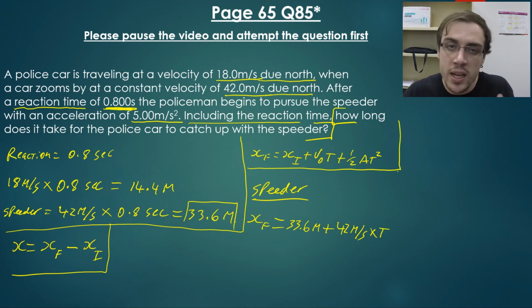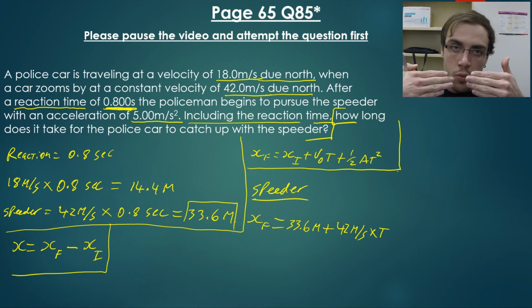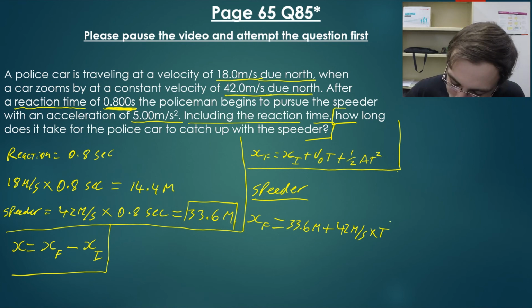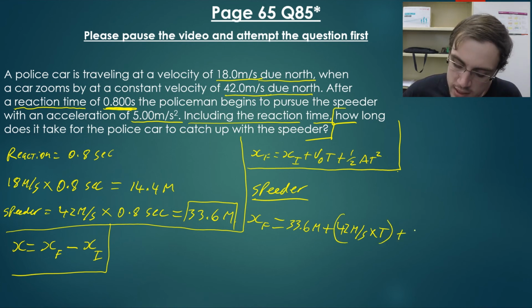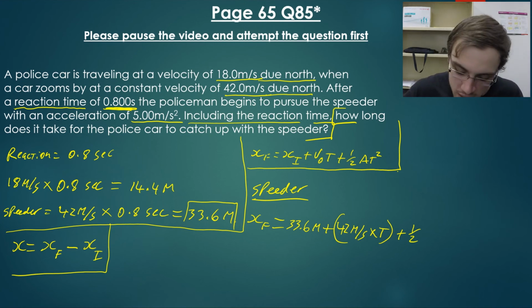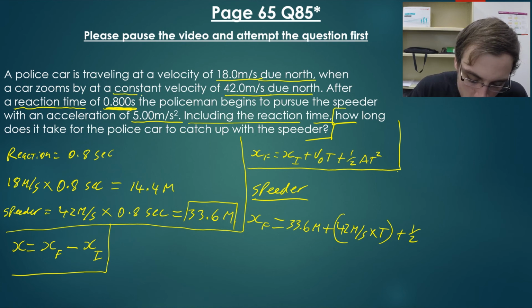Remember, they're going to continue until the cop reaches the speeder. After that, it's like ding, job done, end of game. So we've got time plus 1/2 a t squared. Now, the acceleration for this car is 0, because he's going at a constant velocity.